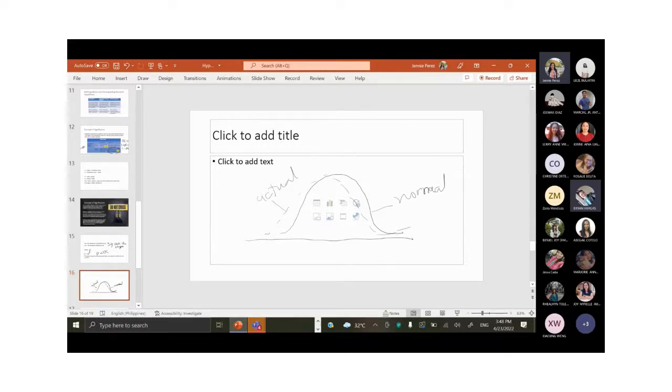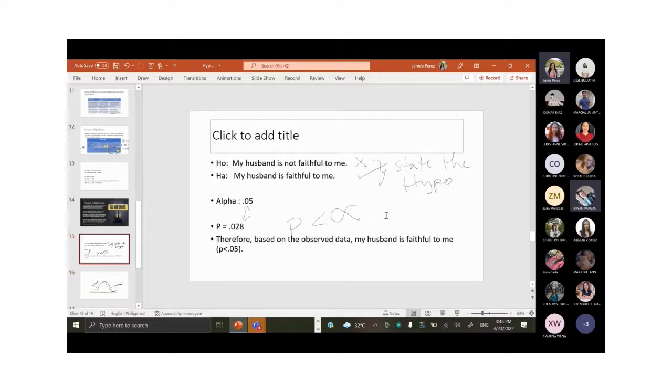Now, when it detects based on a statistical test that it is significantly different from, it significantly deviates from the normal curve, then it will say, no, it is not normal. And therefore, we reject the null and accept the alternative hypothesis.